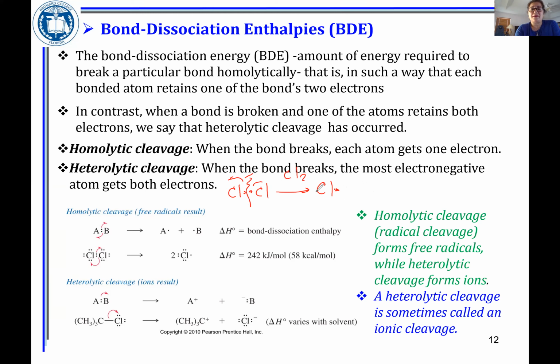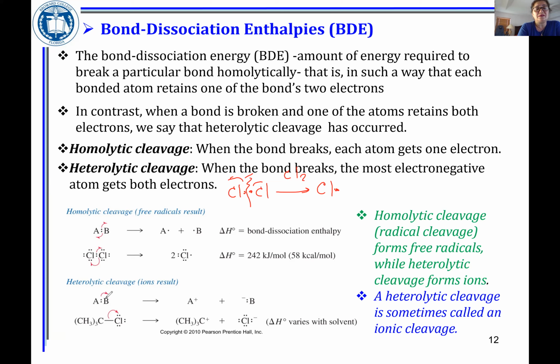When you have the right amount of energy, and at the same time the difference in electronegativity is not much, it does allow that homolytic cleavage. If you have two species with a more significant difference in electronegativity, where one is more stable taking the electrons and the other is more stable not having the electrons, in that case you have heterolytic cleavage.